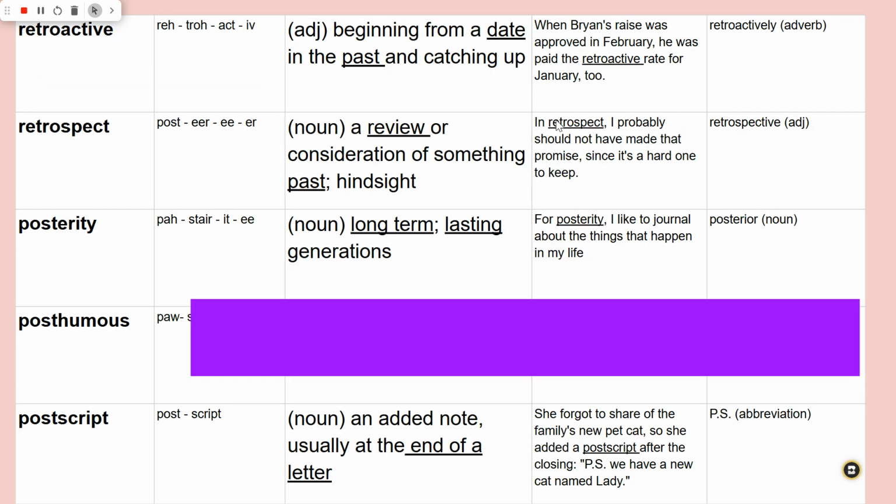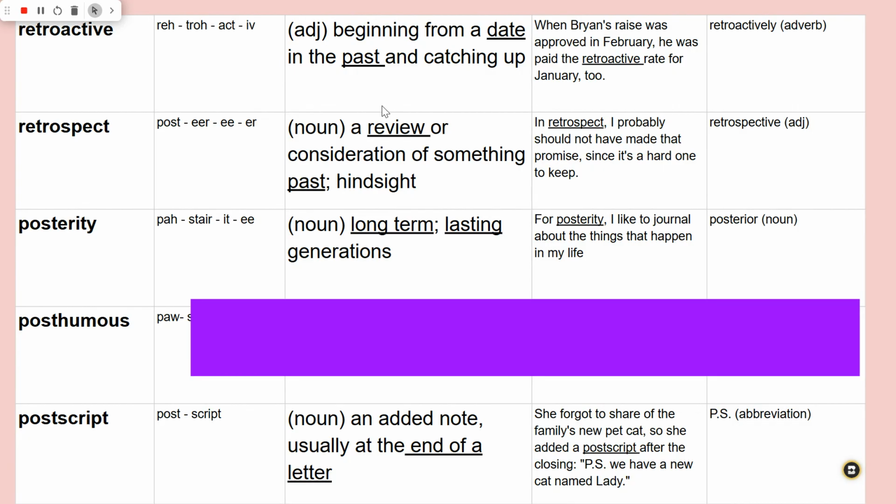Retrospect. It looks like I also have the wrong word pronunciation here, because that says posterior. But retrospect is what that should say. Retrospect is a noun. It means a review or consideration of something past. We also call this hindsight.